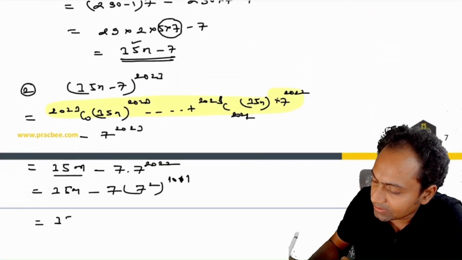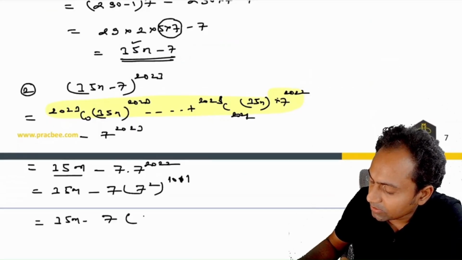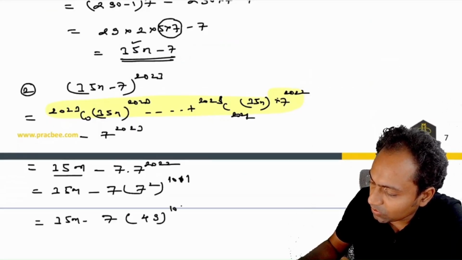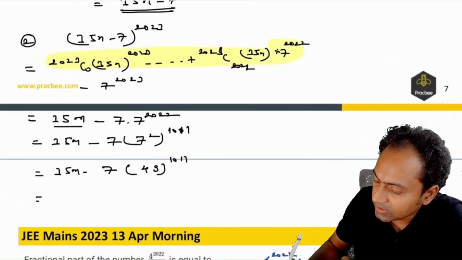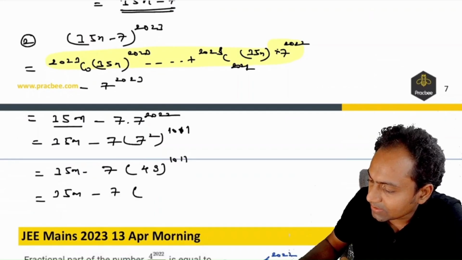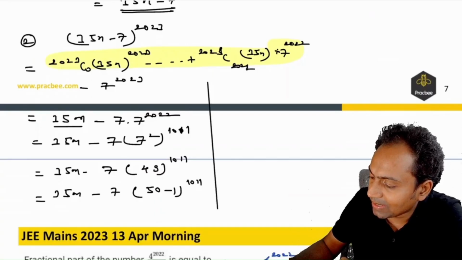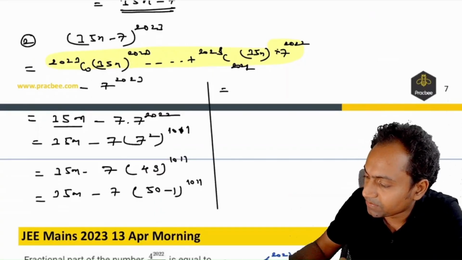So this is 35m minus 7 times 49 raised to the power 1011, which can in turn be written as 35m minus 7 times (50 minus 1) raised to the power 1011.